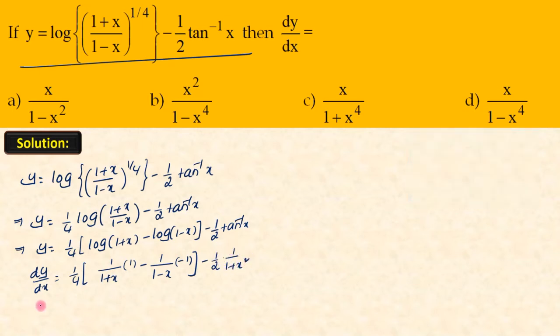This implies dy by dx is equals to 1 by 4 into 1 by 1 plus x into minus 1, plus 1 by 1 minus x, minus 1 by 2 into 1 plus x square.